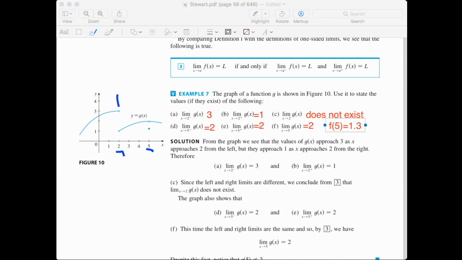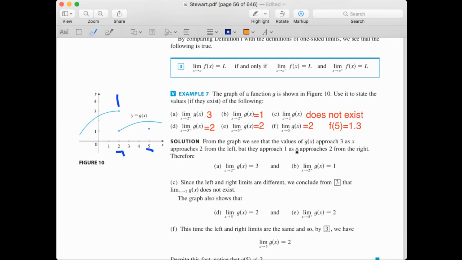You're right. It does not equal the limit. So where do we find the function value? The function value is right here. We see a solid dot here. That's f of 5, the solid dot. f of 5 equals about 1.3, 1.2, something like that.